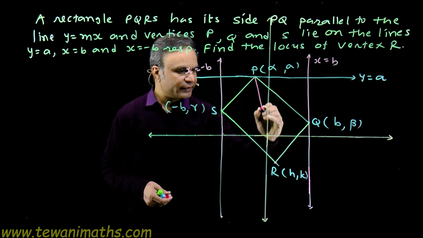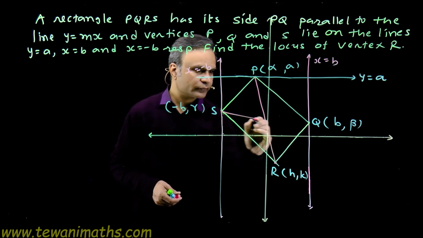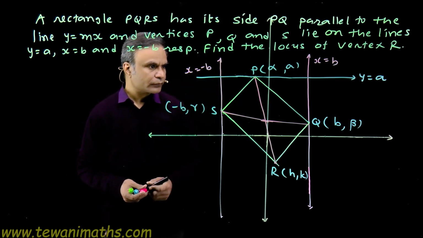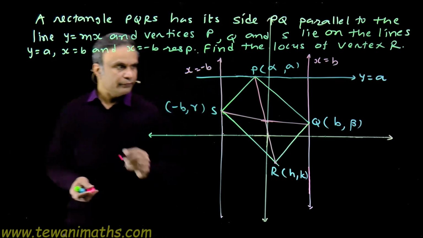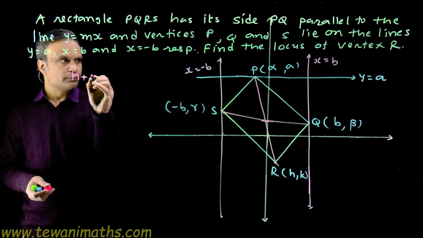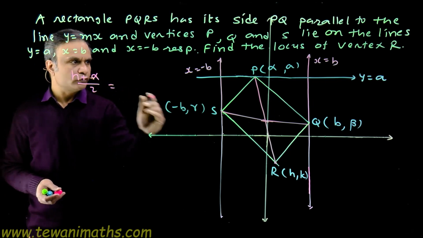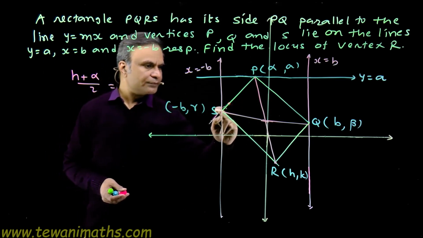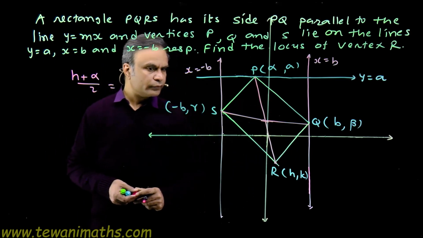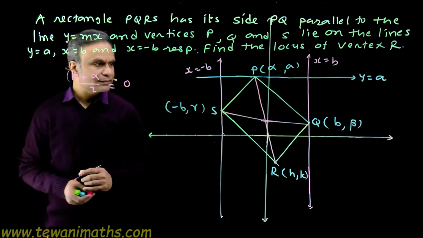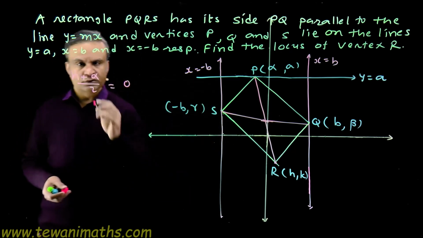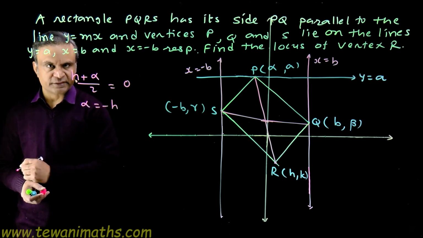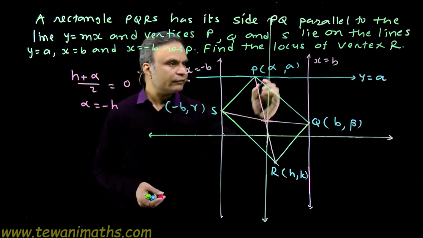the diagonals bisect. We have here diagonals PR and SQ. So we have h plus alpha upon 2, the abscissa of the midpoint of PR, is equal to the abscissa of the midpoint of QS. The abscissa is 0, b minus b is 0. So from this we get alpha is equal to minus h. तो हम यहाँ पे alpha की value put करते हैं.